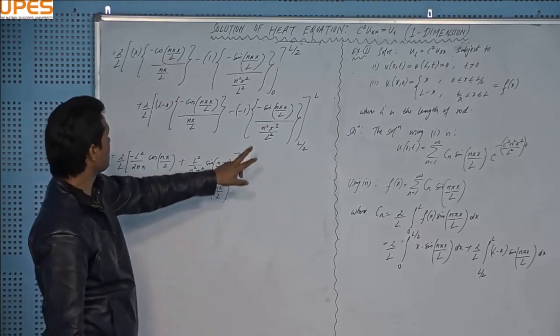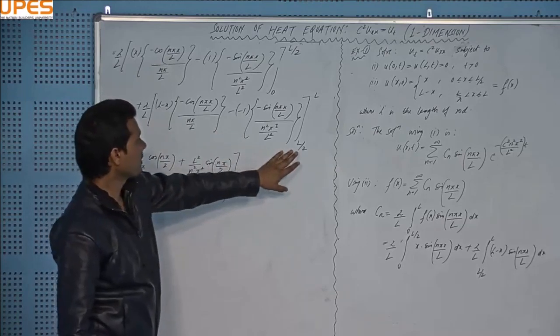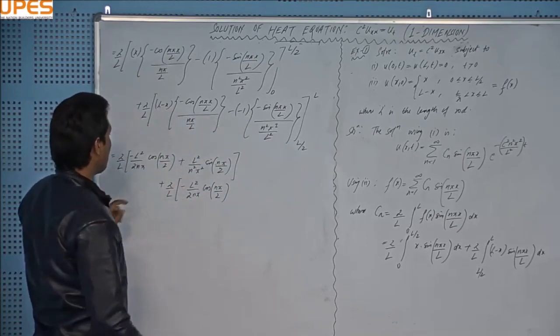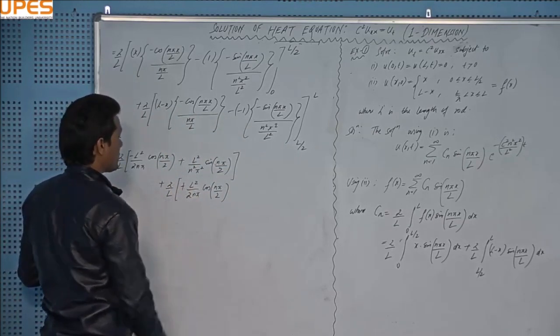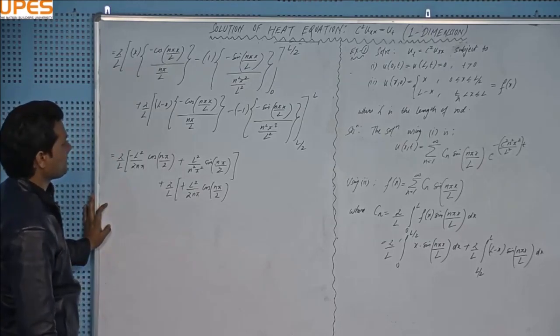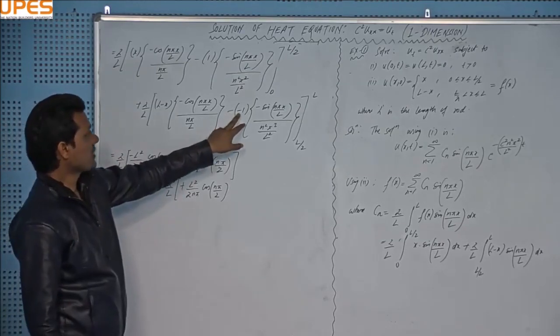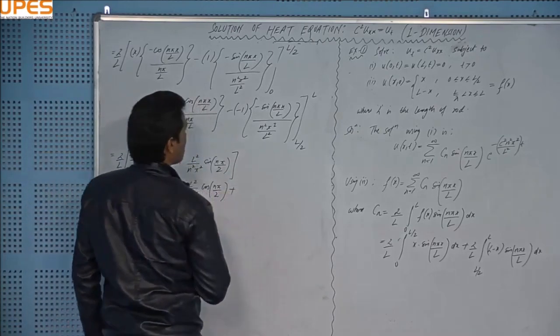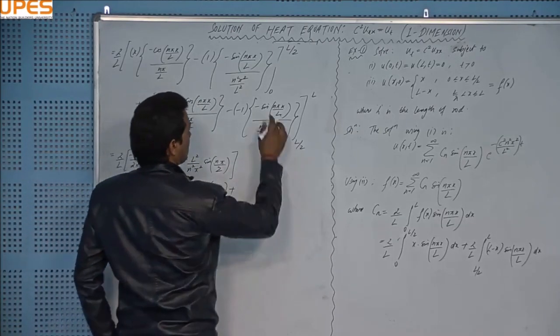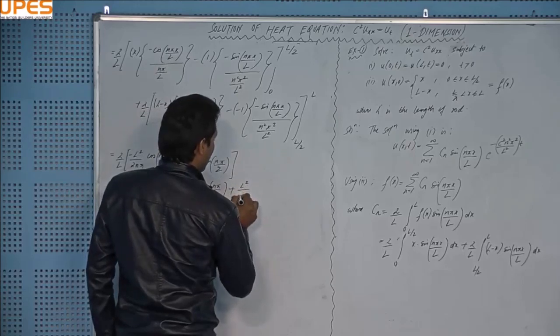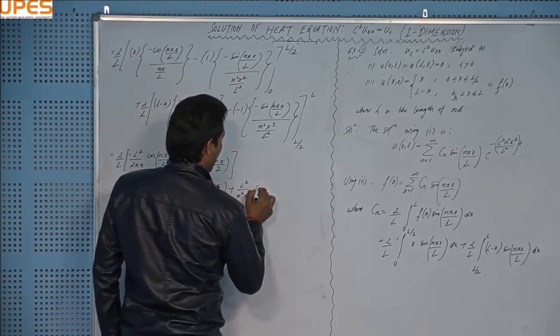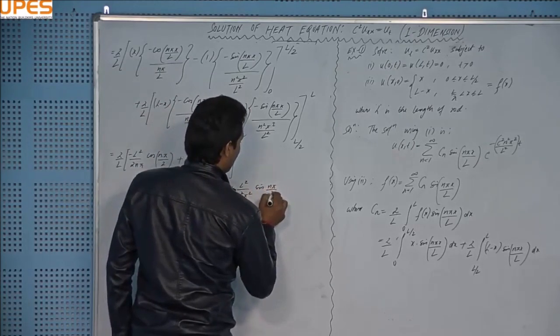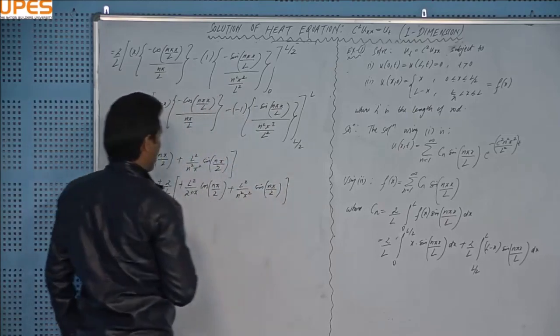Putting L by 2 as a lower limit, I will be getting here opposite sign, plus. And this will be minus, minus, plus, minus, and that will again become plus. That will give me L square over n square pi square and sine of n pi by 2.